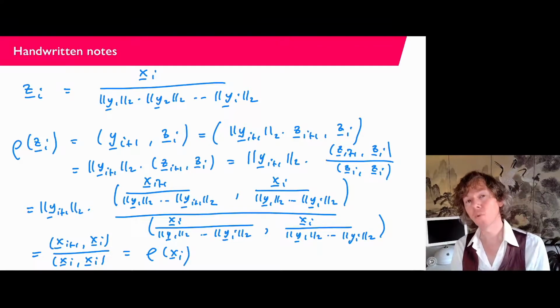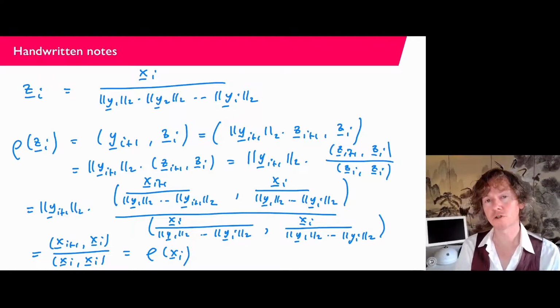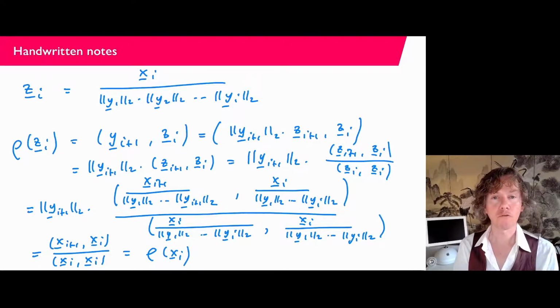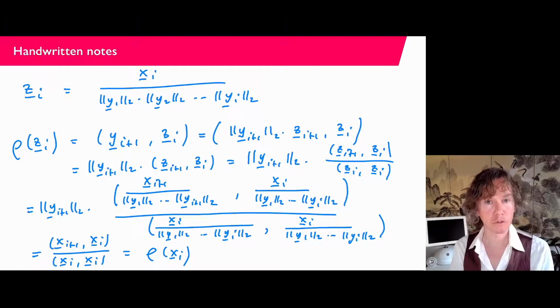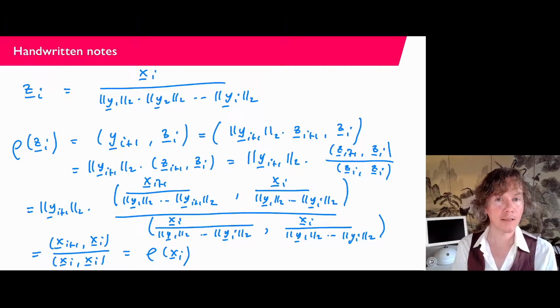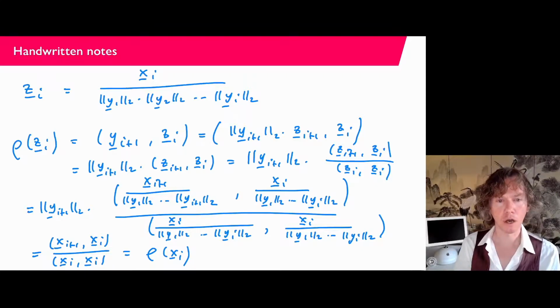So indeed, the Rayleigh quotients are the same for the scaled and the unscaled version of the power method. So if we are going to look at convergence, which will be the topic of a future video, then we can look at the unscaled version for the analysis. For the numerics, you would also always do the scaled version, but for the analysis, you can use the unscaled version of the power method.